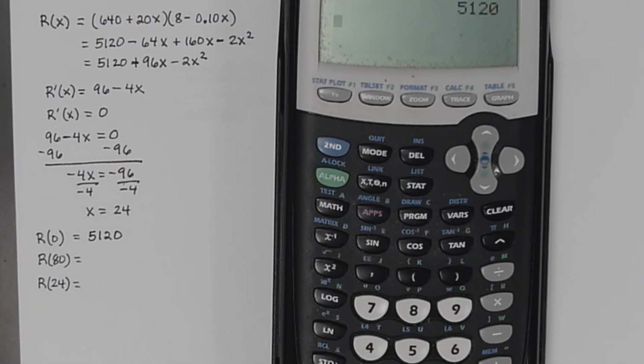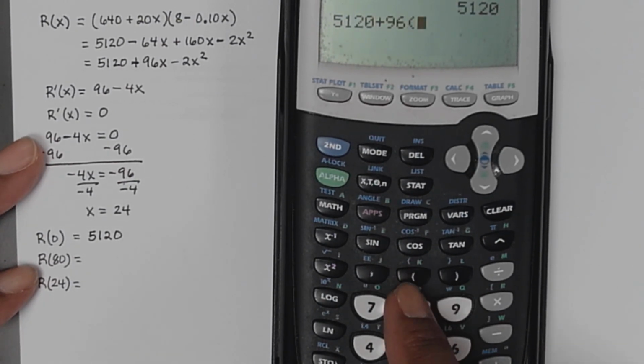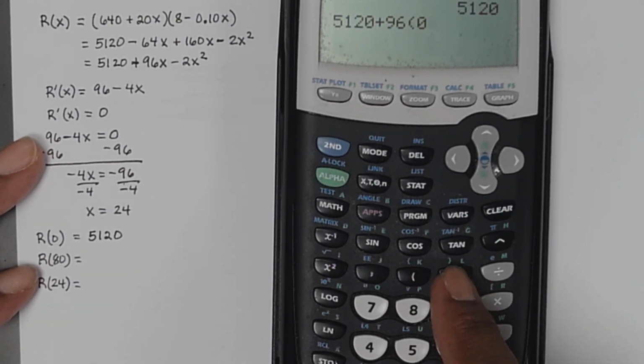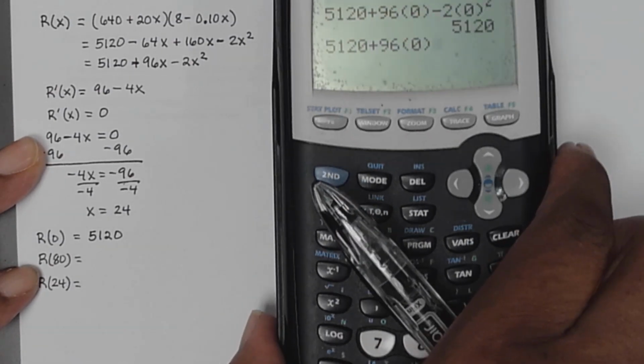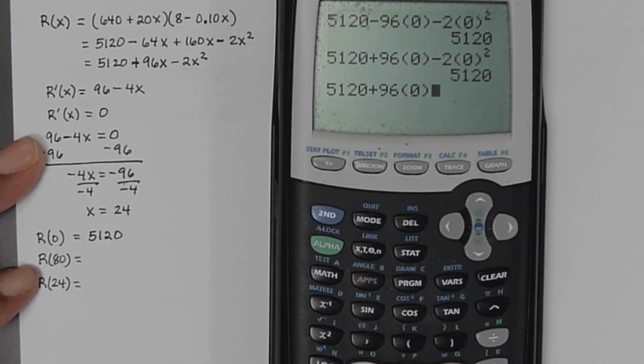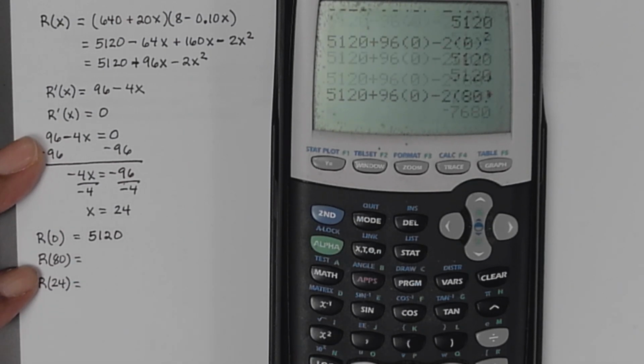That would be 5120 anyway when I replace the x with 0, so it wouldn't matter, but for 80, it would.